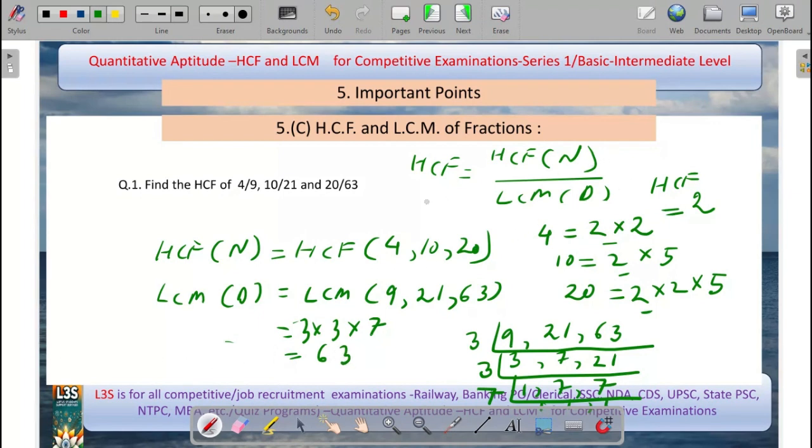So what will be the HCF of 4 by 9, 10 by 21 and 20 by 63? The HCF of numerators is 2 and the LCM of denominators we found is 63. So 2 by 63 will be the HCF of these fractions. So the answer is 2 by 63. This is how we have to find it.